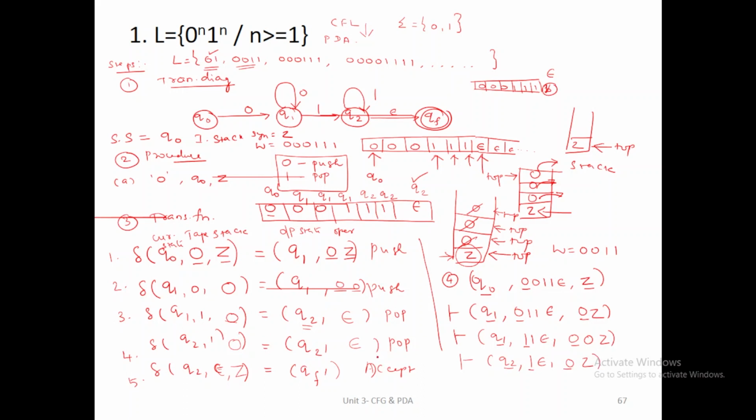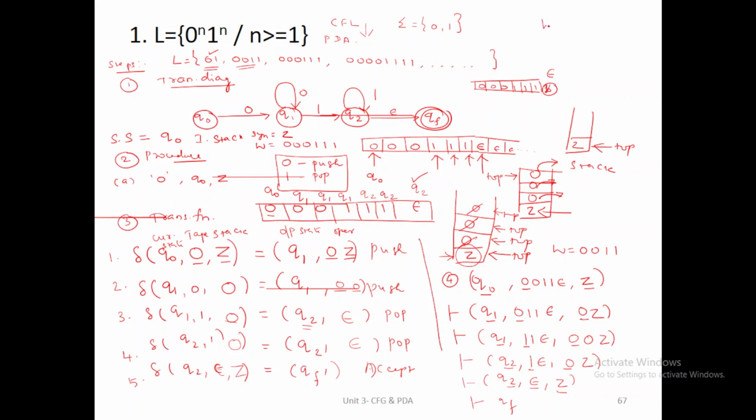So Q2 1 0 is the fourth transition. The same thing, you should stay in the Q2 state. The remaining symbol is epsilon. If you pop that value, only Z is there. Now you check Q2 epsilon Z. So it will go to the accept state. So this is the correct input.